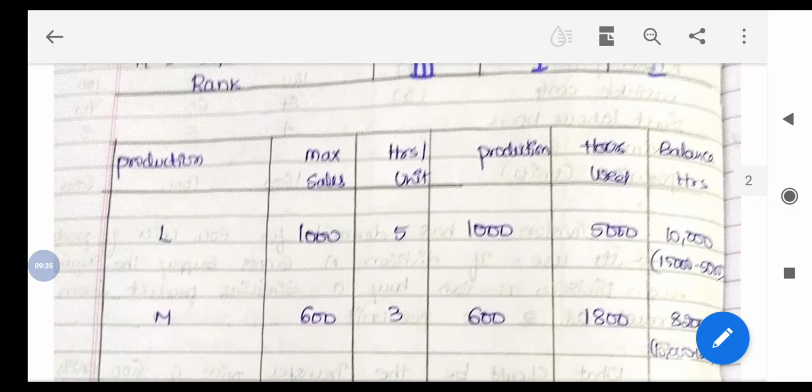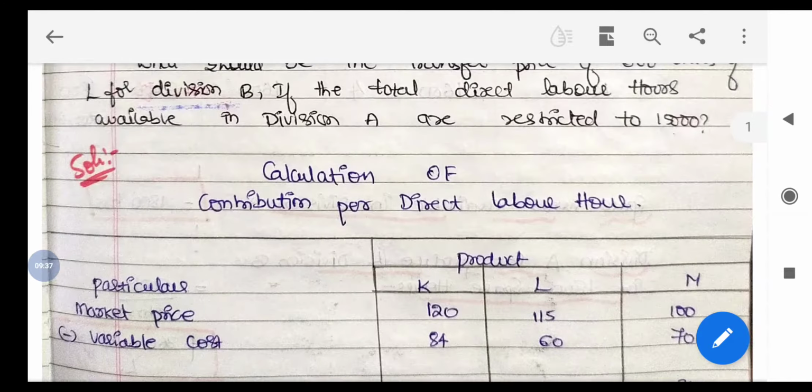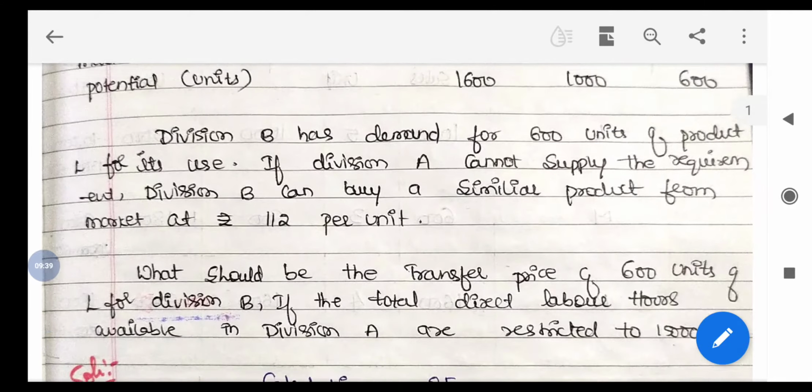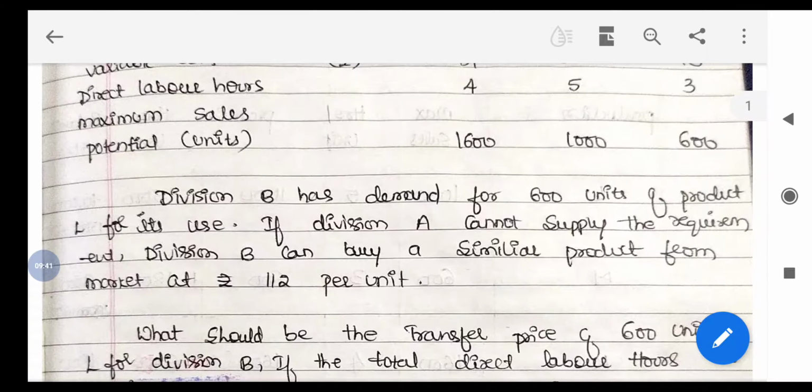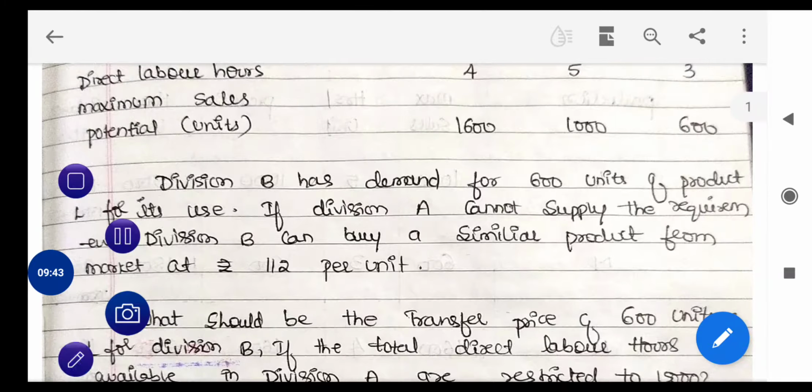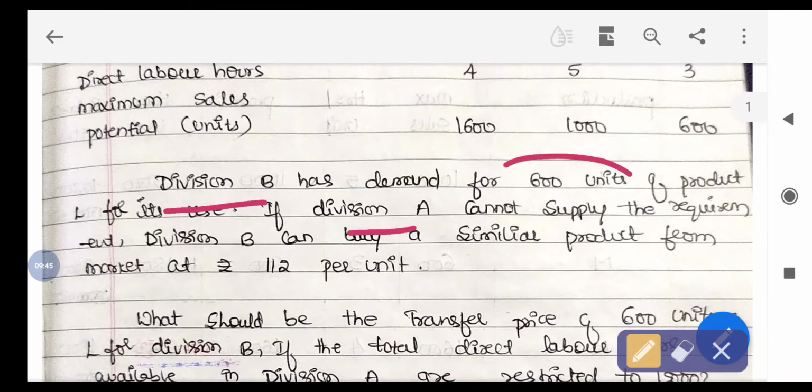So here division B wants, from this 1800 hours which is remaining, division B is telling division A that they want 600 units of the L product.